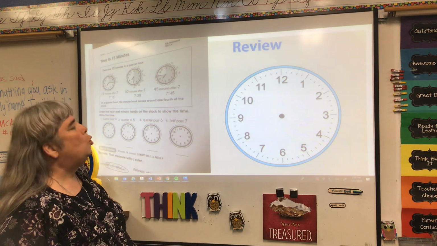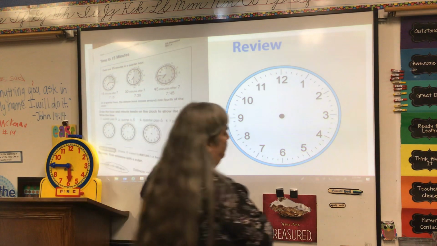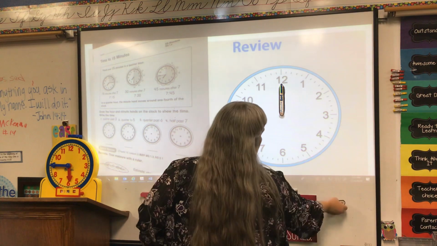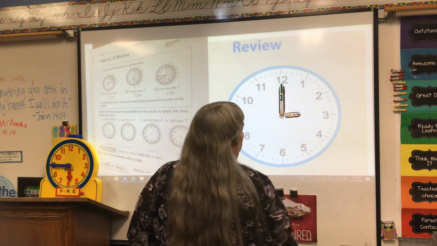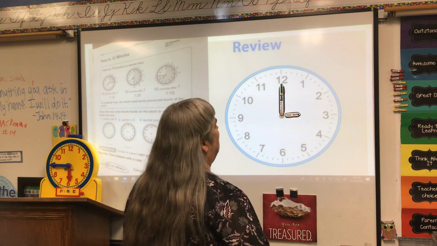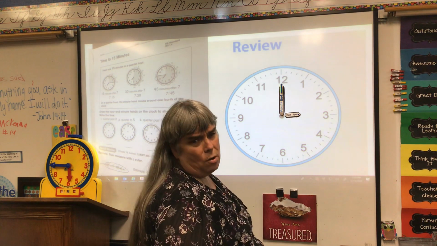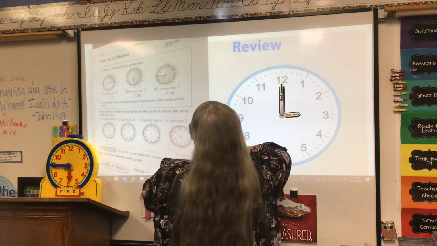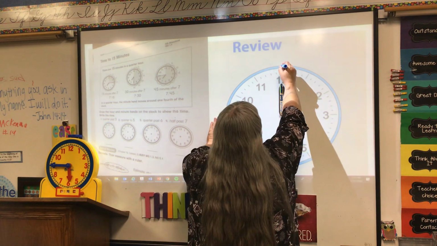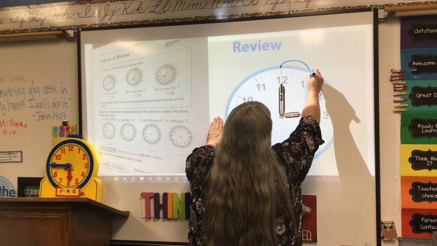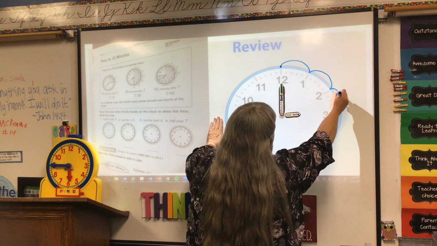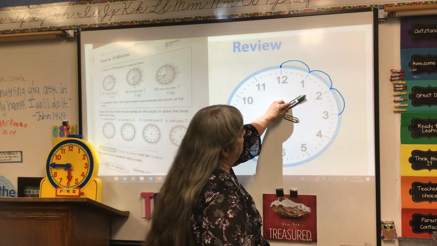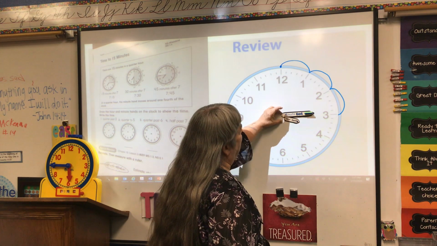Okay, so it starts out with 3. So if it was 3 o'clock, it would look like that. I remember that a quarter of an hour is 15 minutes. So I'm going to count like this. I'm going to go 1, 2, 3. So then I know that my minute hand needs to be pointing at the 3.